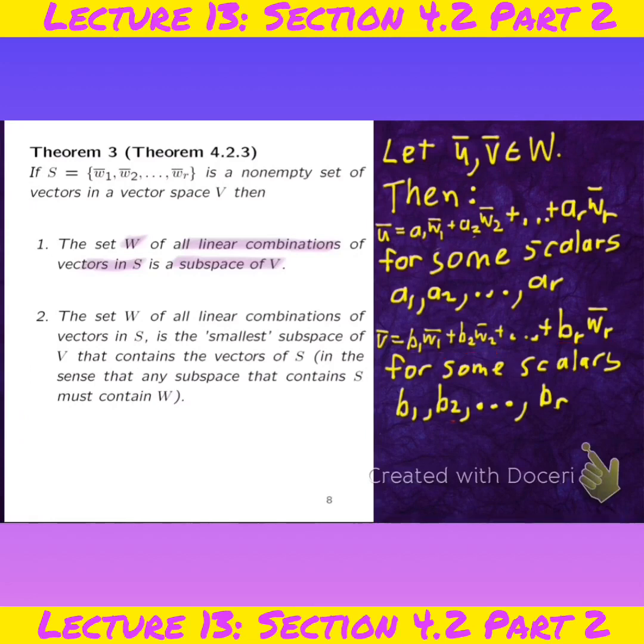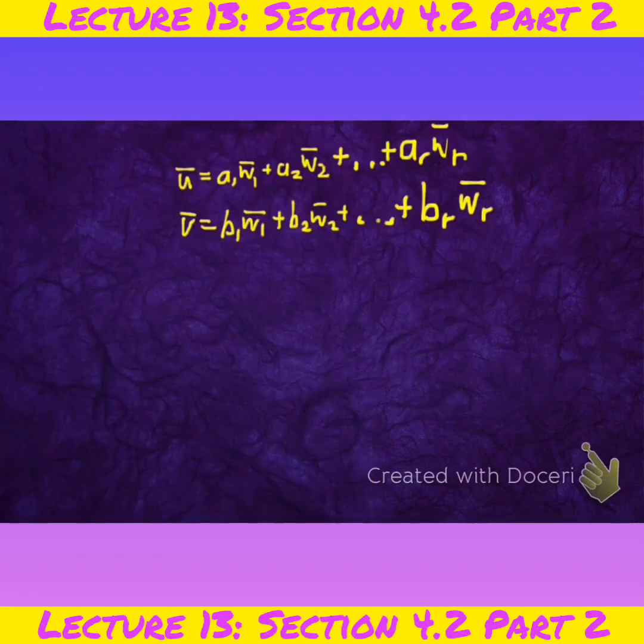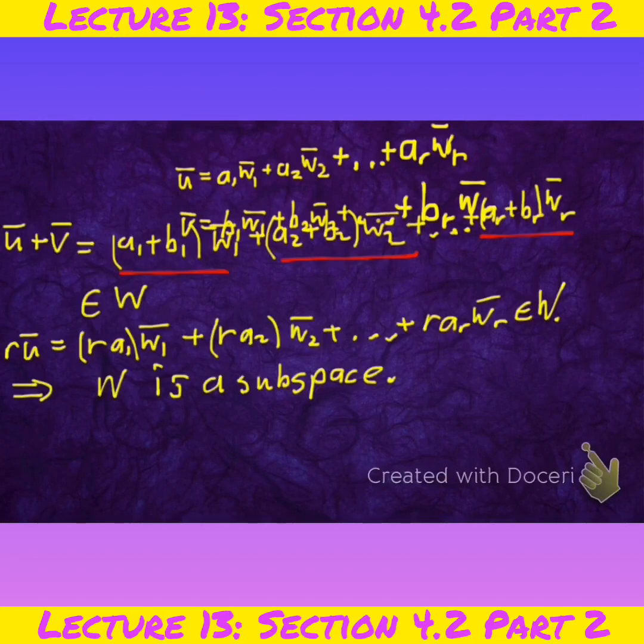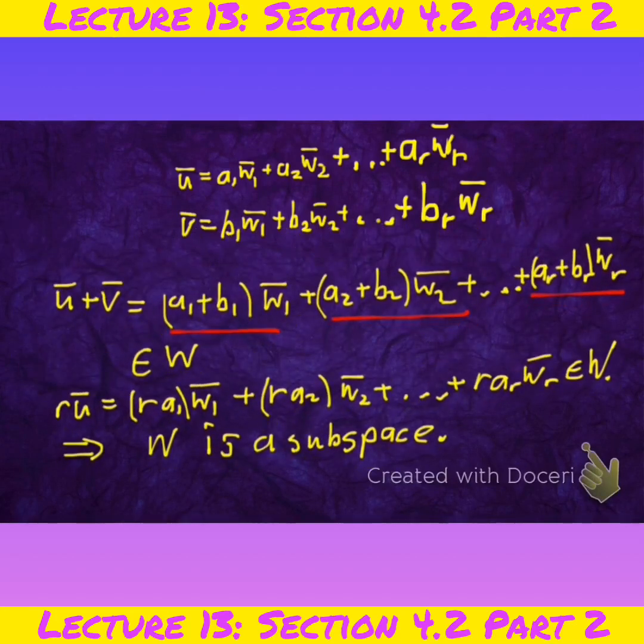Okay, so now we need to look at the sum of the two vectors U and V. Both U and V are in W, so they're linear combinations of vectors in S. To show W is a subspace, I need to show W is closed under vector addition and scalar multiplication.